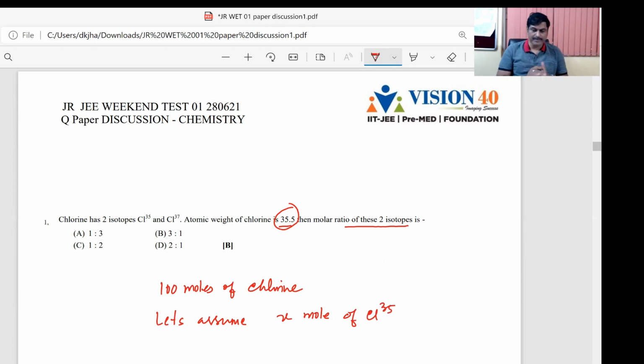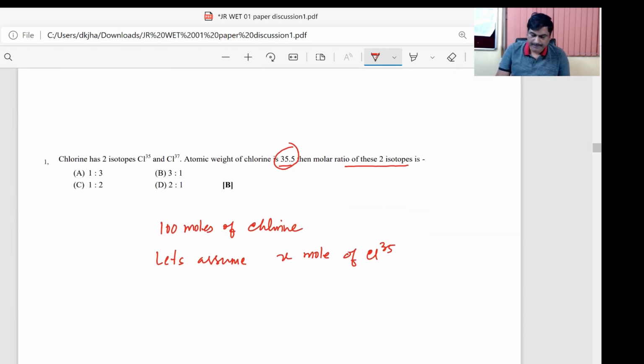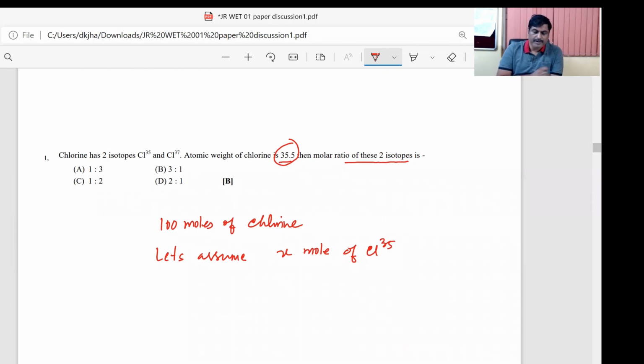We have Cl35 X, right? Then Cl37 is equal to 100 minus X mole.